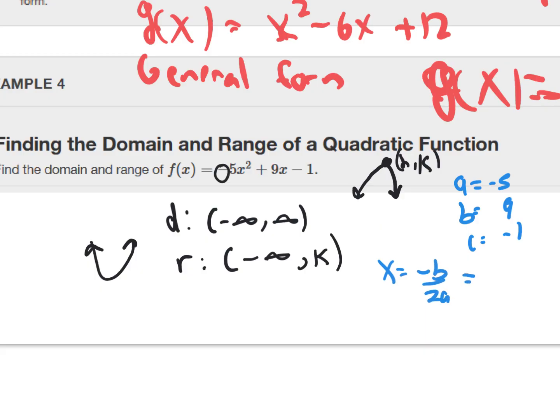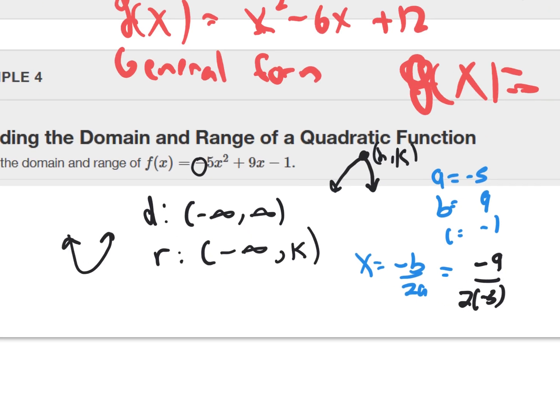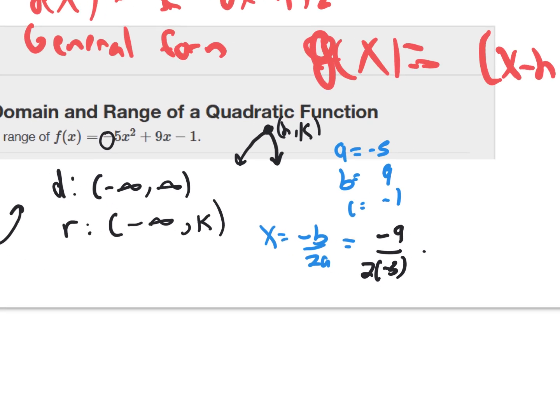In this case, b is a 9. So minus 9 divided by 2 times a negative 5. They're both negative, so it turns into positive 9 over 10. Or you could say 0.9 if you wanted to. It looks a little prettier sometimes.